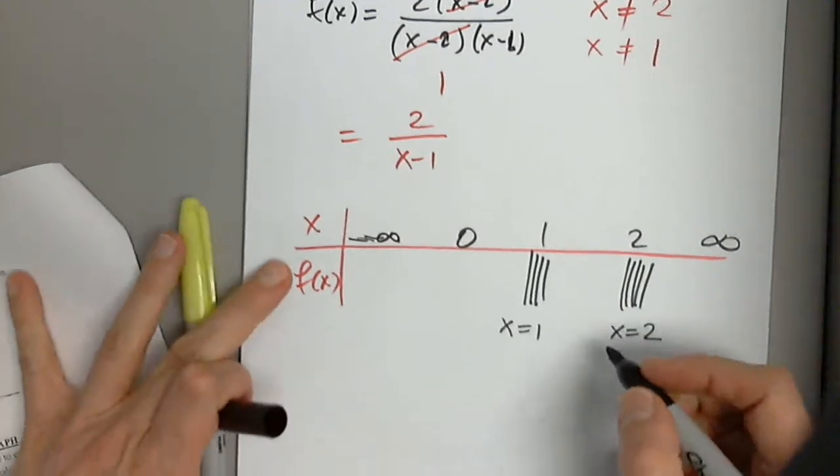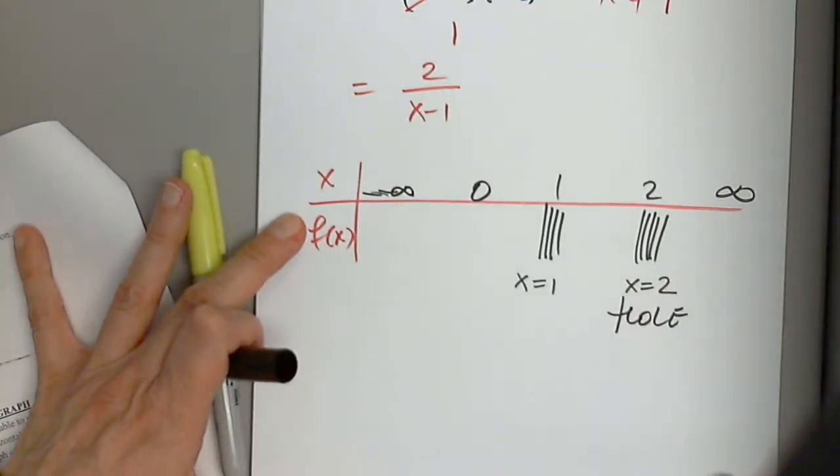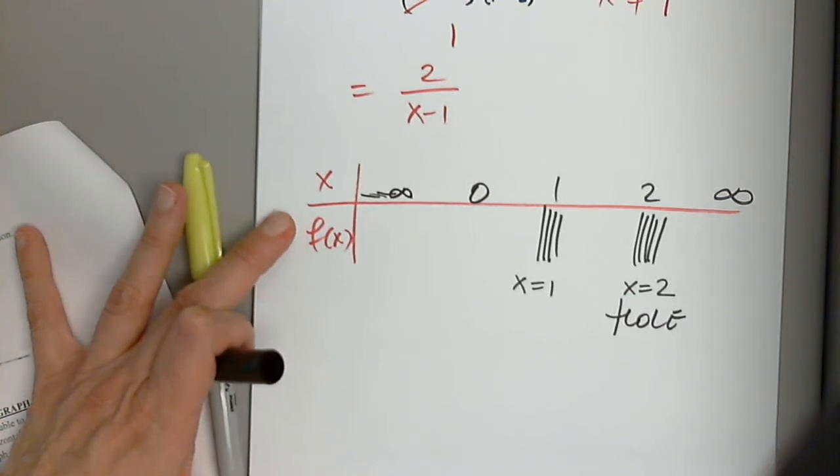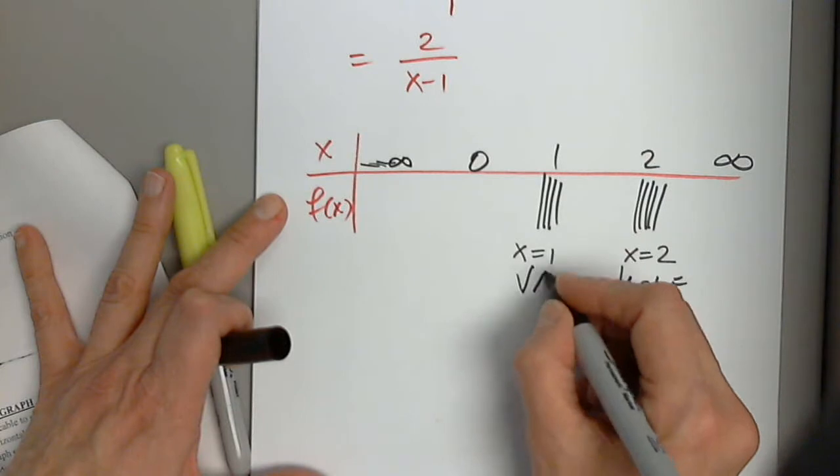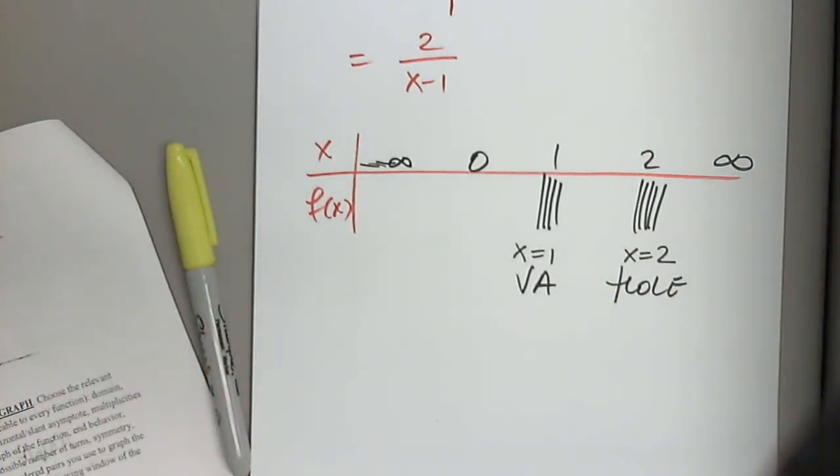Excellent. What happens when the factor stays? Very good, awesome. You remember. So what type of rational function is this? 1, 2, or 3?